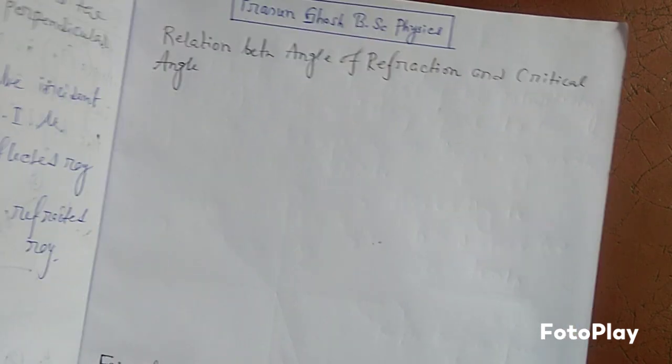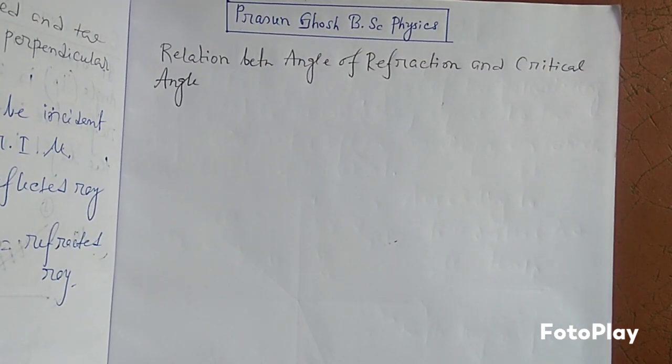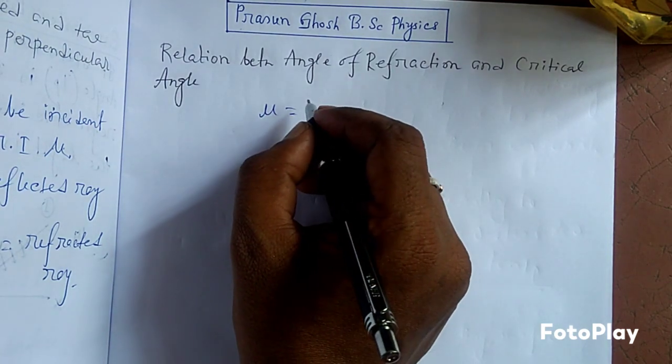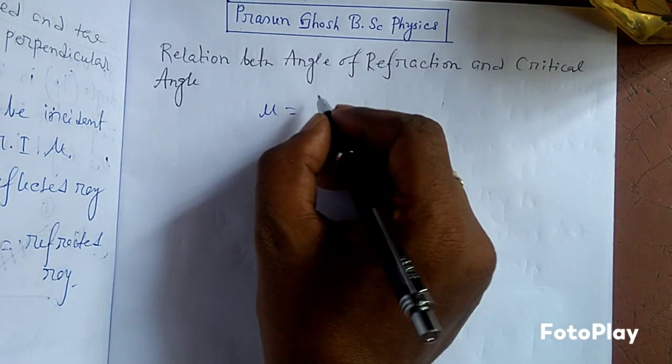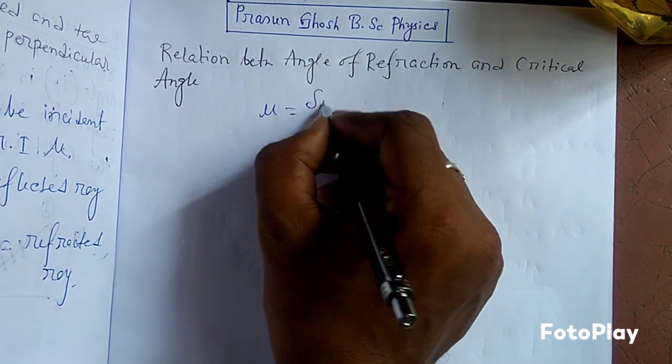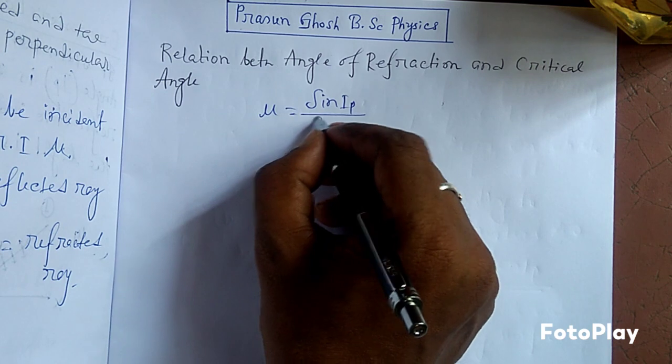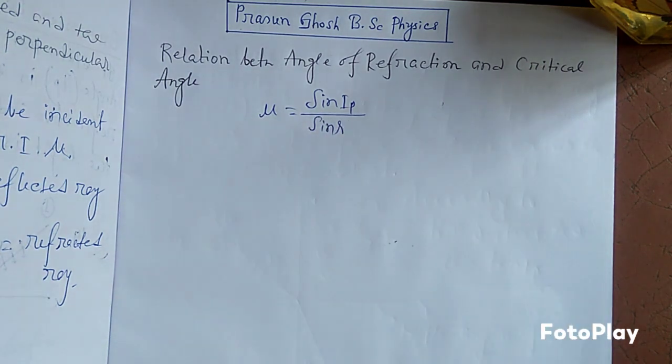Next we have this relation: mu equal to sine IP by sine R from Snell's law.